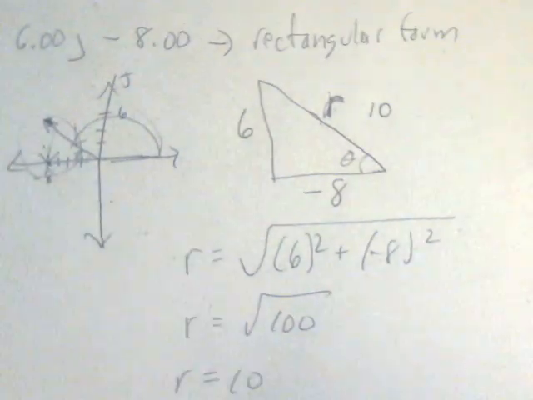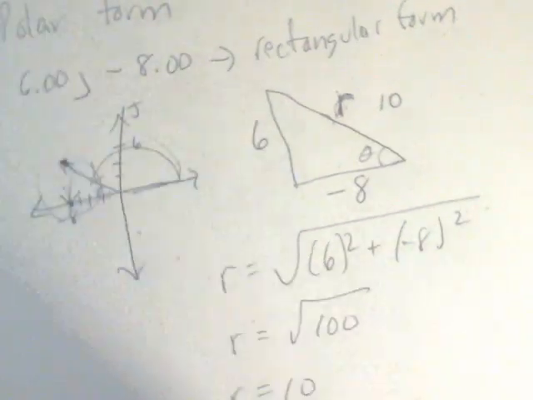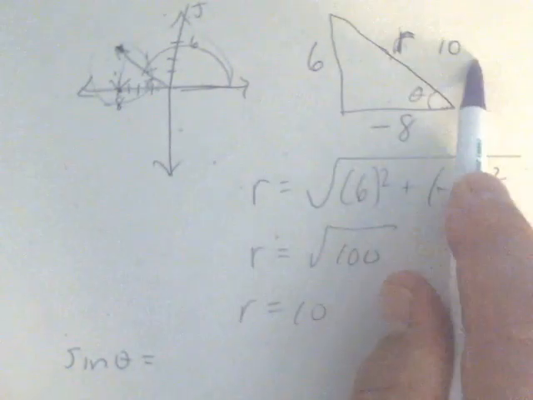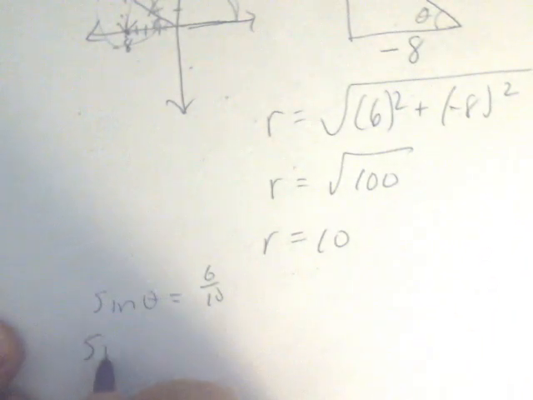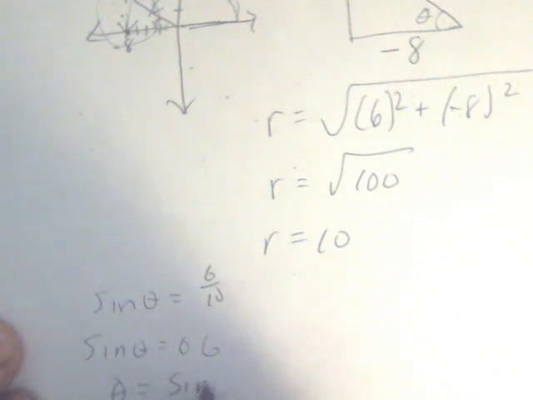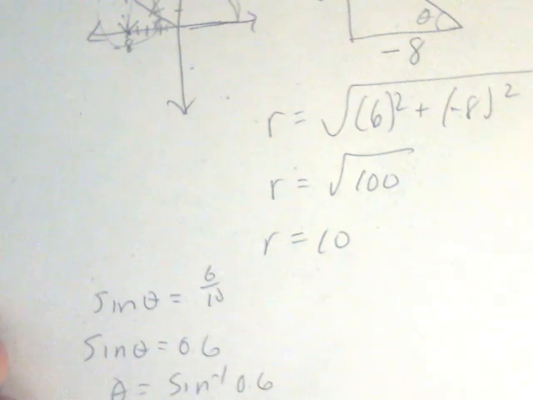So I can do whatever trig equation I want to. If I want to do the sine of theta, that's going to be opposite over hypotenuse, which is 6 over 10. Sine of theta is 0.6. So then my angle is sine inverse of 0.6.